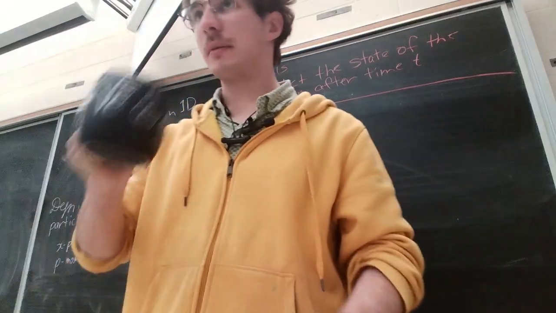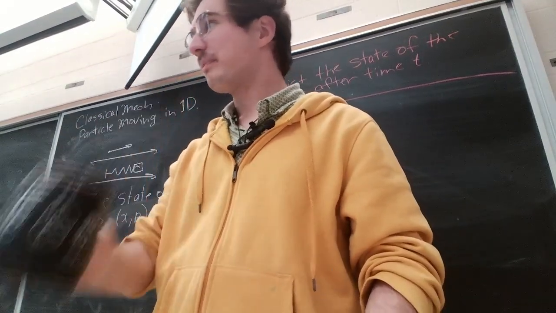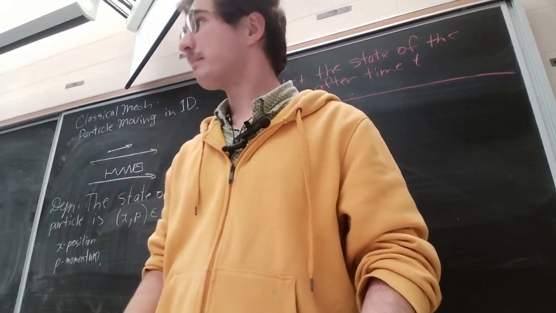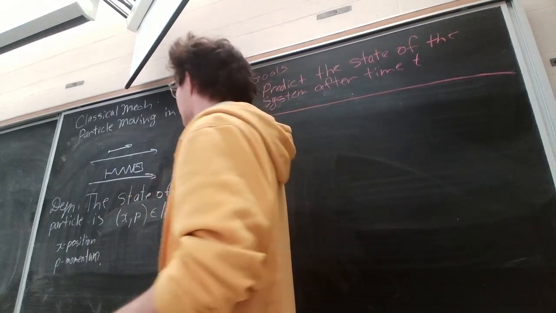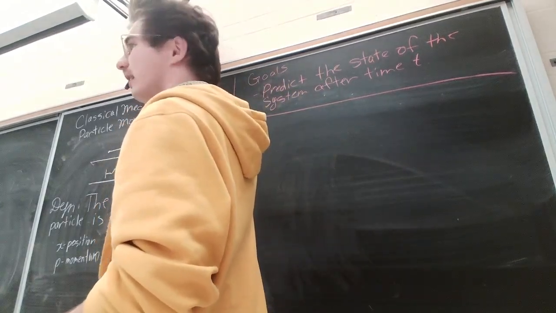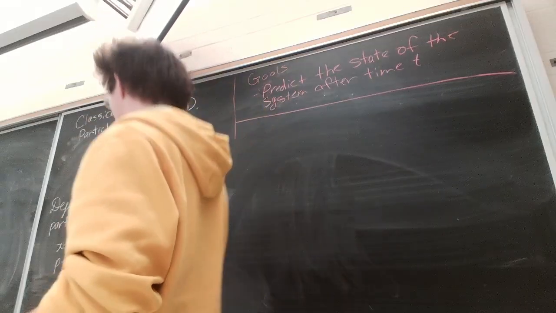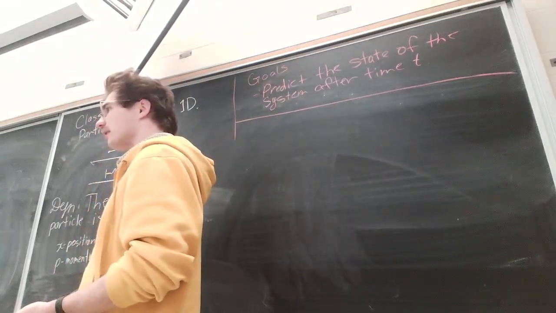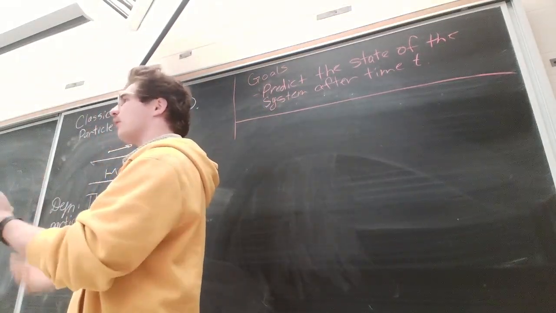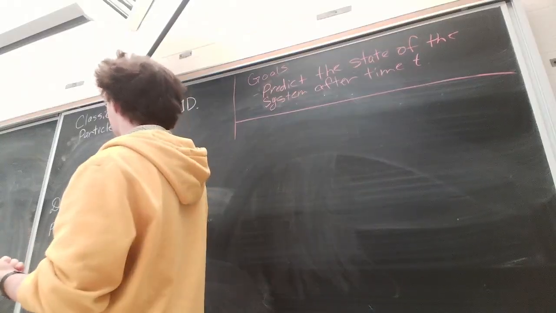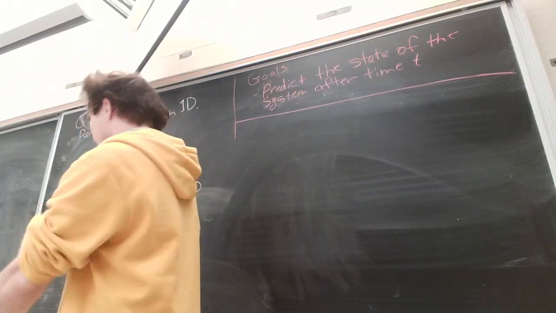That makes sense. Yes, question. Well, okay, yes. I need to give you something else about the system, but in principle, if I knew the position and the momentum of the particle, then that's the state of the particle. I know everything there is to know about that particle at that particular moment.